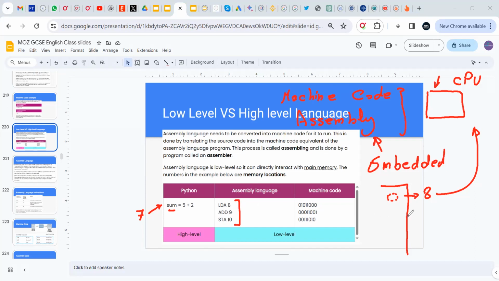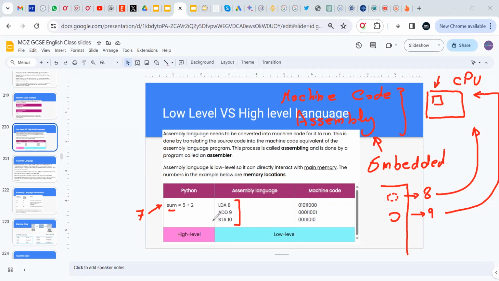He is telling it to go to the address number 9, get whatever is inside it, and add whatever you find inside it to whatever you stored in the previous command, and store it in the CPU. So he will get whatever is in 9 and add it to whatever he finds in 8.